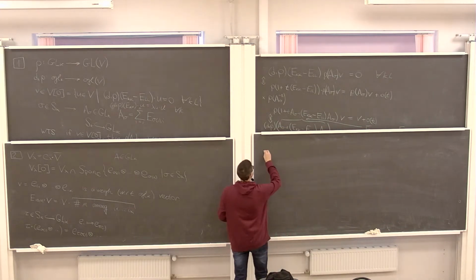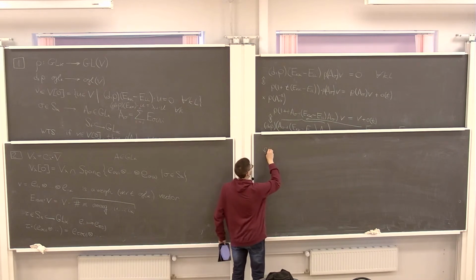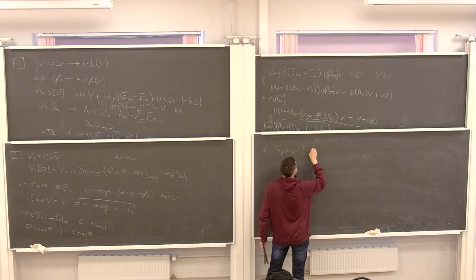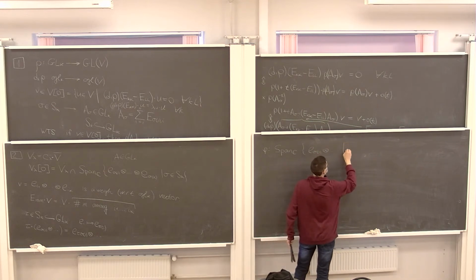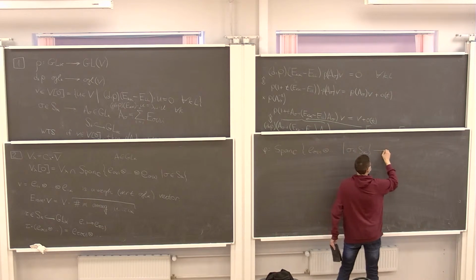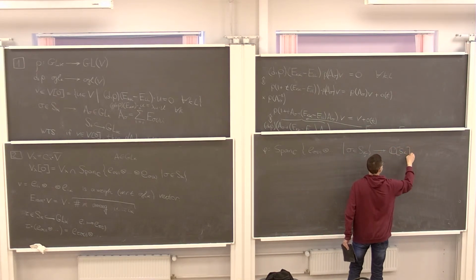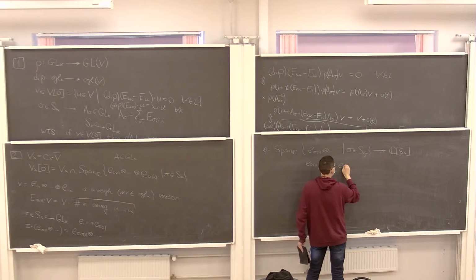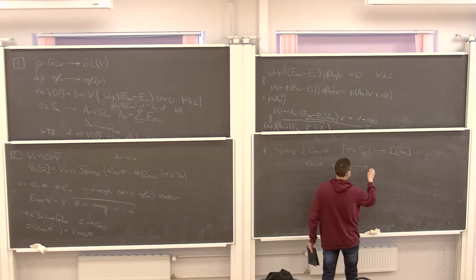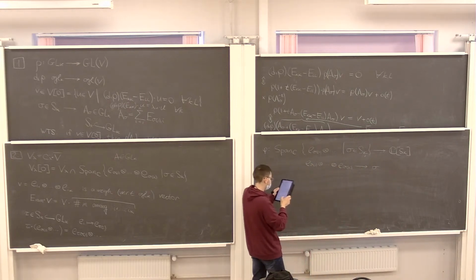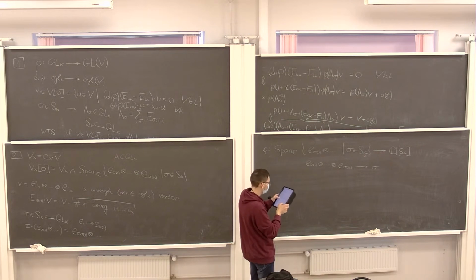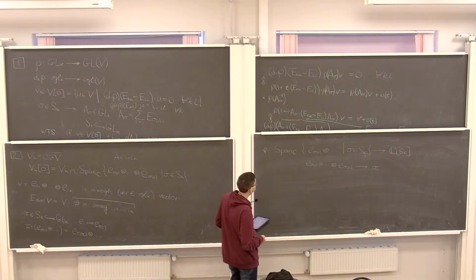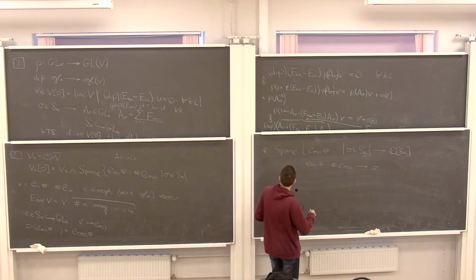I can consider a map phi from the span over C to a group algebra. It sends such a vector to sigma. Yes, and it is obvious with this observation that it is a homomorphism of Sk modules.